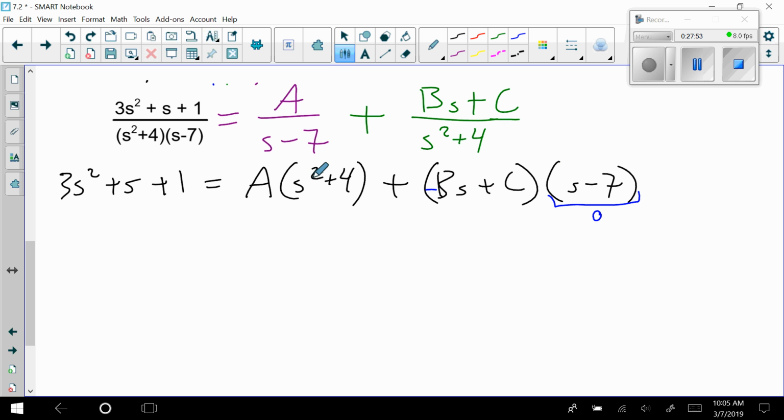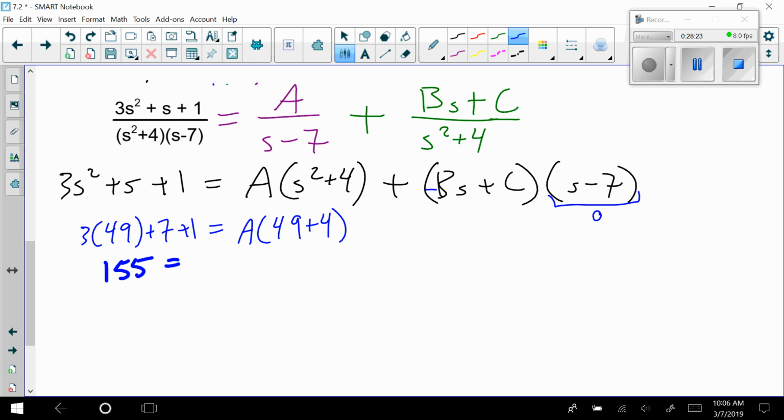But over here, I would have A times 49 plus 4, because I plugged in 7, which equals, well, we were plugging in 7, got to plug it in over here. That's 3 times 49 plus 7 plus 1. And now we're going to do that math, which I don't think is overly difficult here. This is 155 equals 53A?